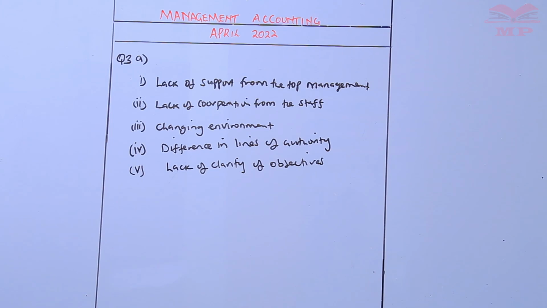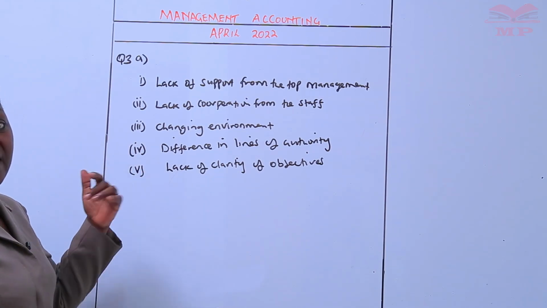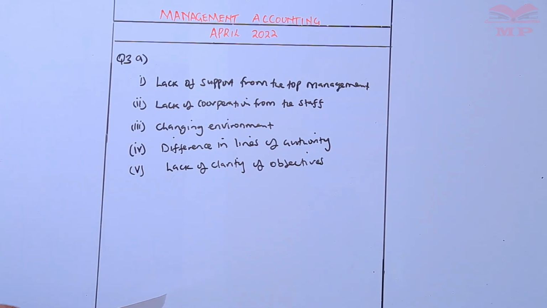Sometimes we may have technological changes within the economy. Sometimes we have some systems that may become obsolete after a very short period of time. And because of that, when we are installing the system, you may not be able to detect, it's a factor that is beyond the control of the installer to know whether we'll have future technological changes or not, which is a challenge.